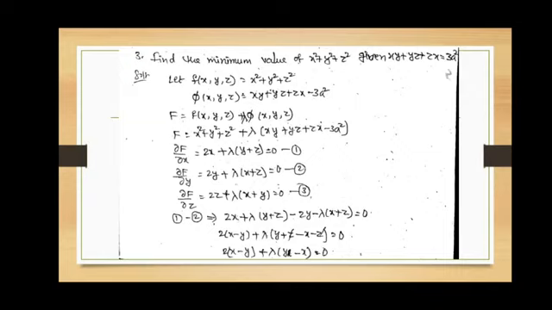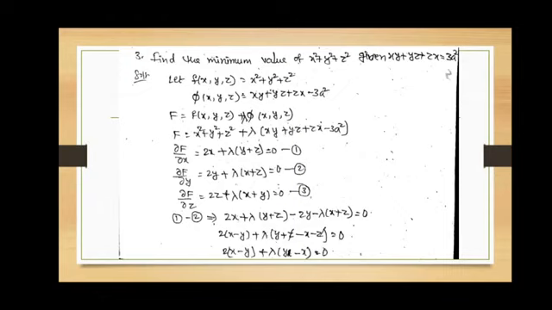Now we take the common 2. So x minus y plus lambda into y plus z minus x minus z. Here plus z and minus z cancel. So finally we got 2 of x minus y plus lambda of y minus x is equal to 0.